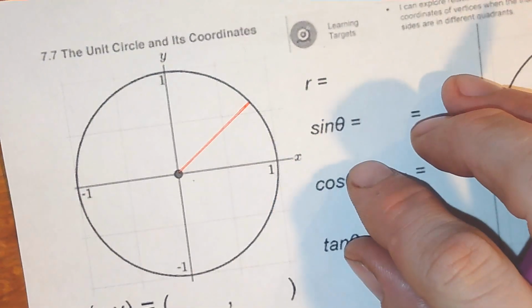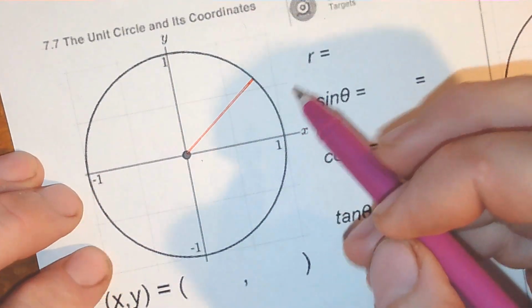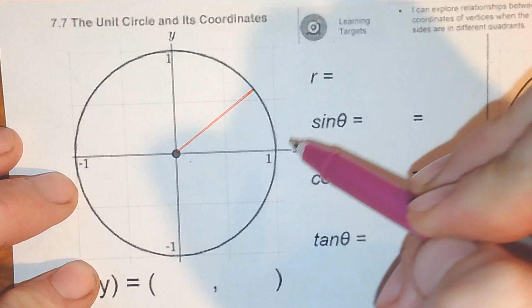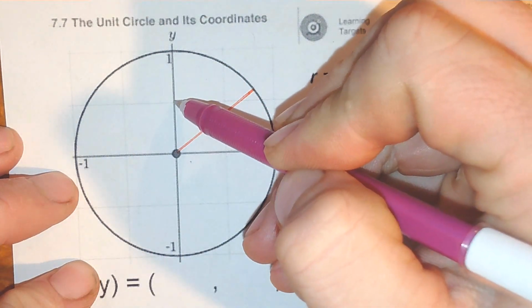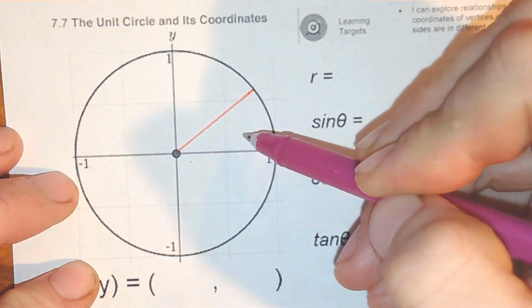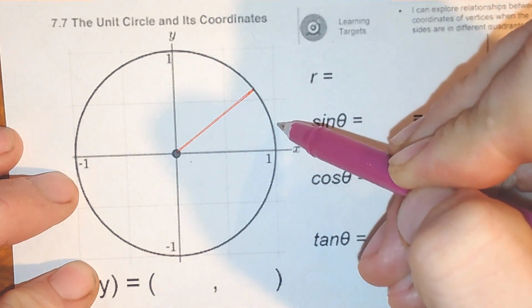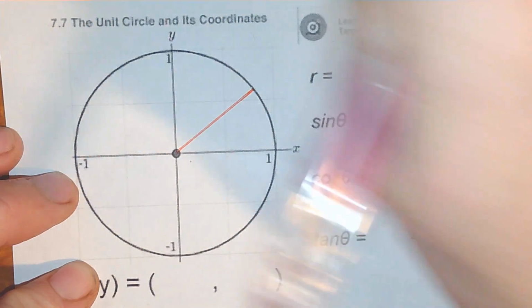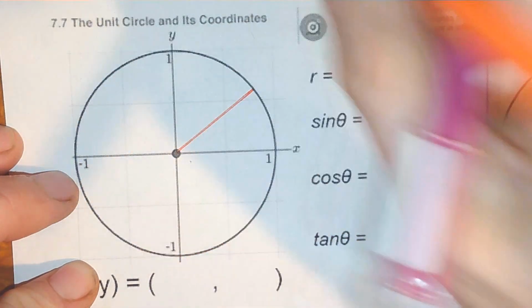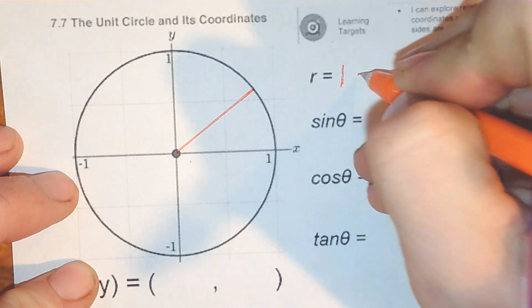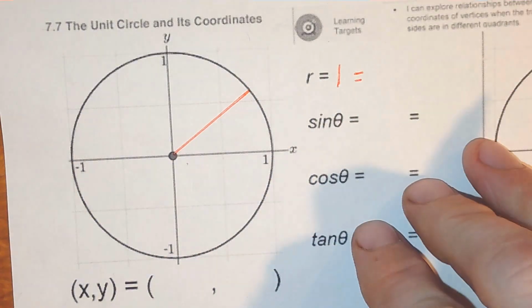My radius is 1. You see here that on my coordinate plane I made each one of these blocks 0.5. So my radius here, if I were to take this all the way here, equals 1.